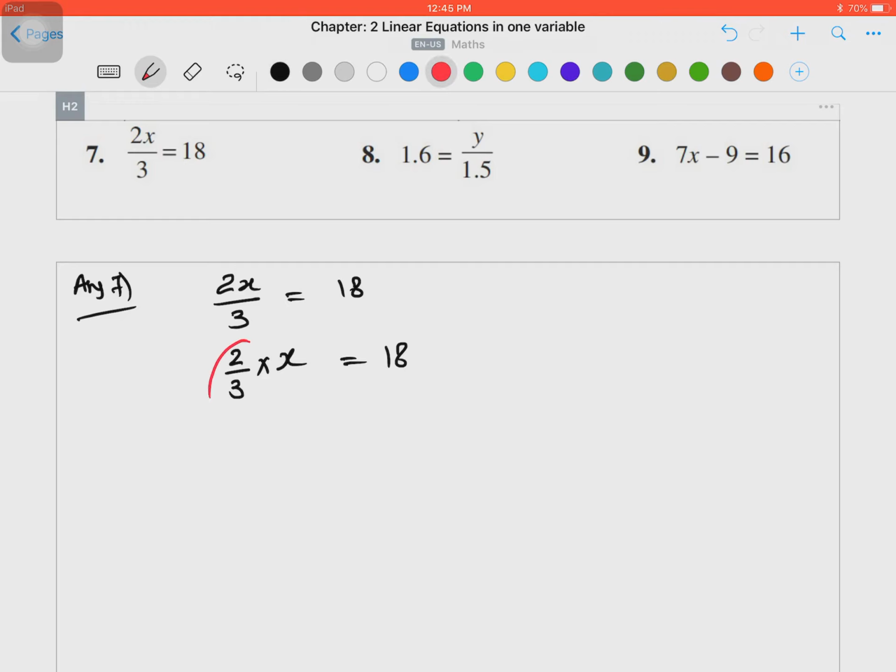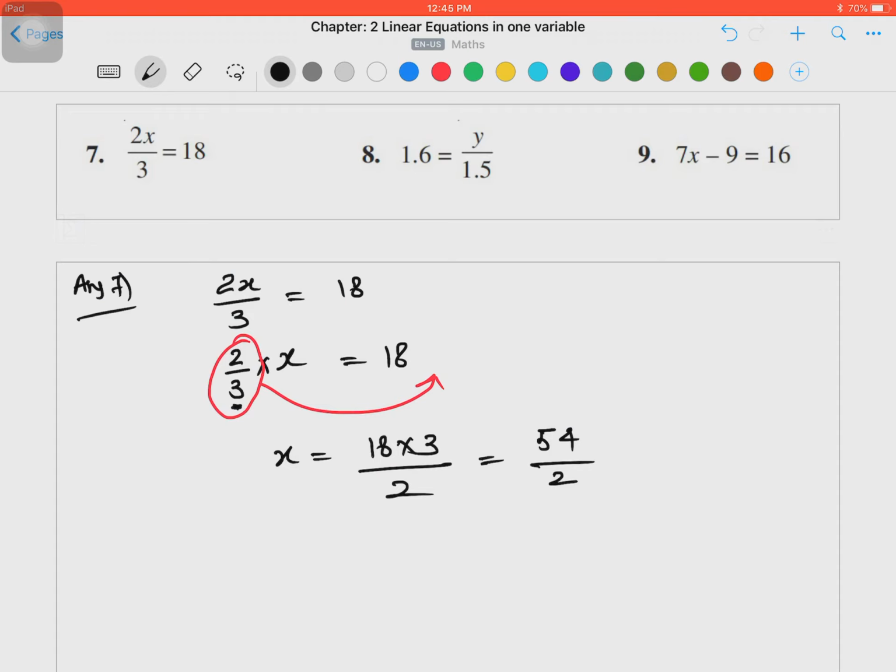And when you shift this number onto the other side, we have already 18 here. This 3 is in division, so it will become multiplication here, and the 2 is in multiplication, so it will come in division. So this will be 18 into 3 is 54, divided by 2, and x will be equals to 54 divided by 2, which is 27. So x is equals to 27.